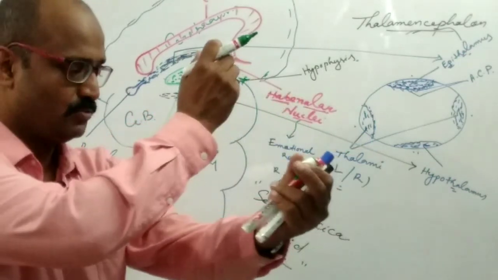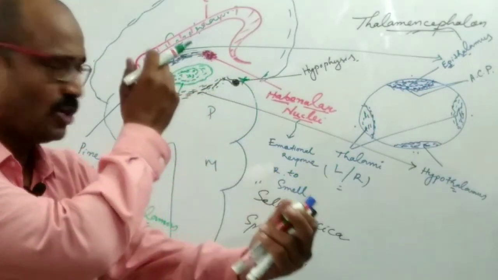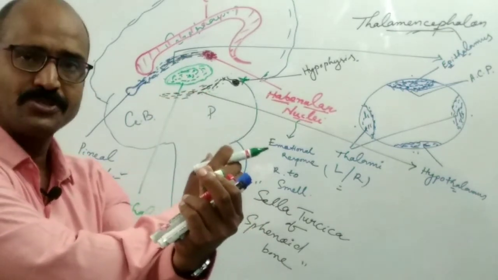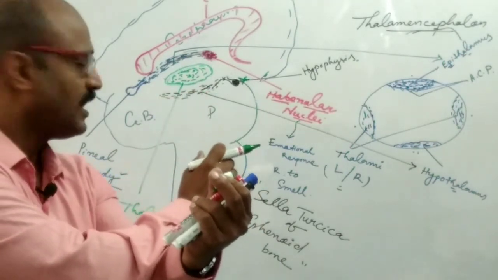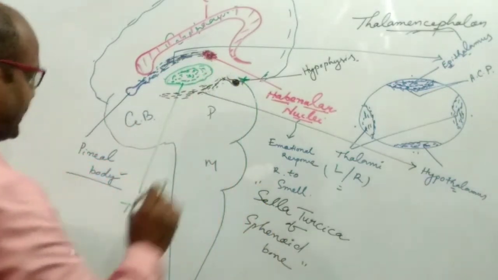This forms a cross-like structure, which is known as the optic chiasma.